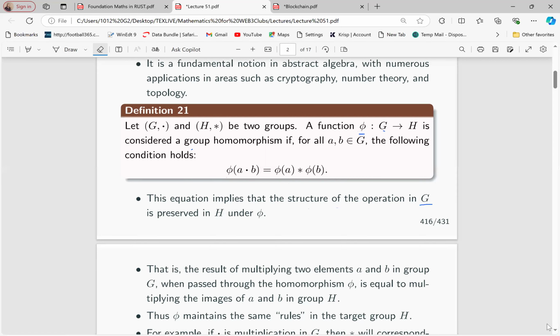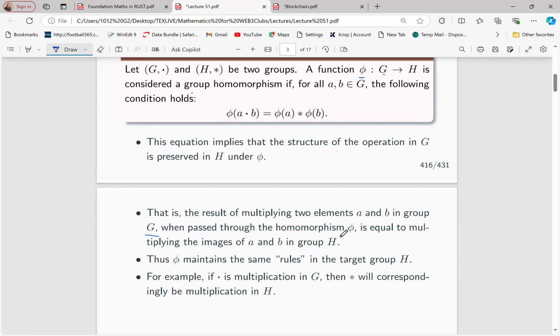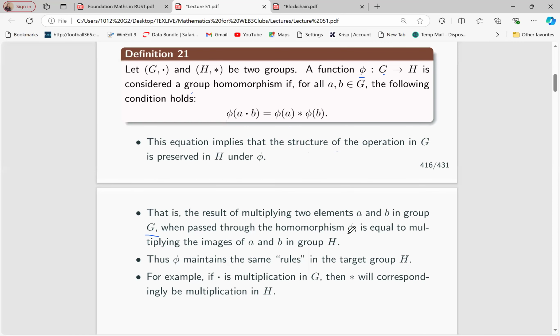That's why the result of multiplying two elements A and B in G, when passed by this homomorphism to H, will be equal to multiplying the images of A and B in H.